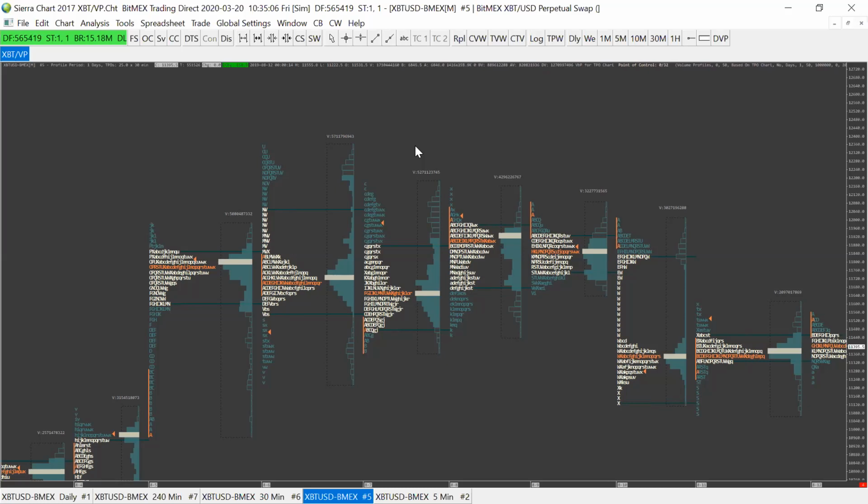Okay, that's the point of control. So here I've got it highlighted in orange on the profile, and in this kind of cream or light gray on the volume profile. Okay, the point at which most volume was transacted. And so one thing to look for when you're anticipating a breakout is for the point of control, or POC, to start moving away from or outside of value.